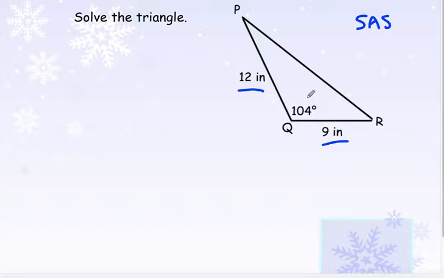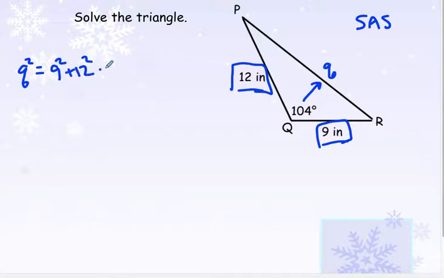So if I want to find the side across from angle Q, that would be lowercase q. So I'm going to do q squared equals these two sides surrounding the angle squared and added up. And then you do minus 2 times those two sides multiplied together times cosine of the angle in between the two sides.